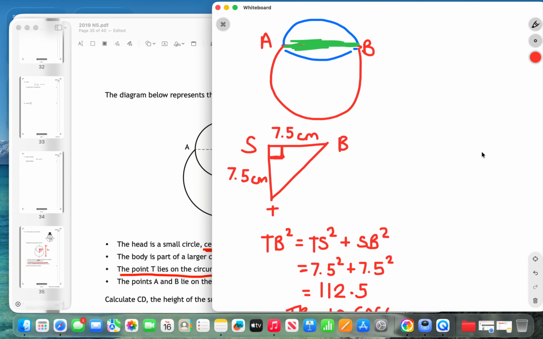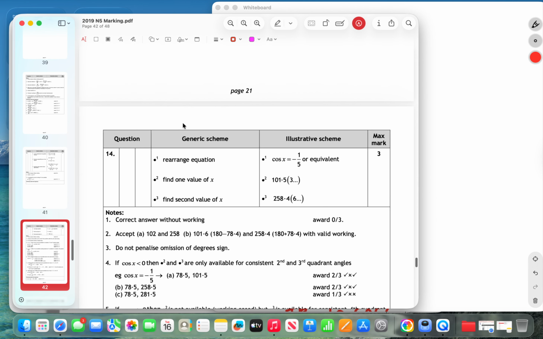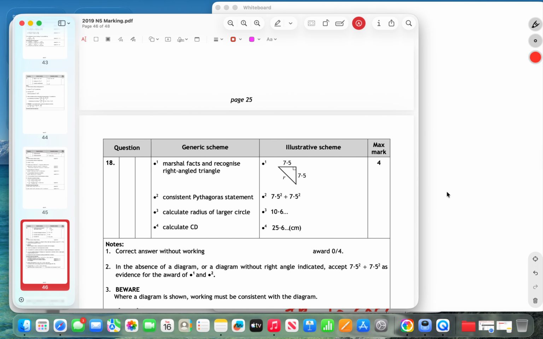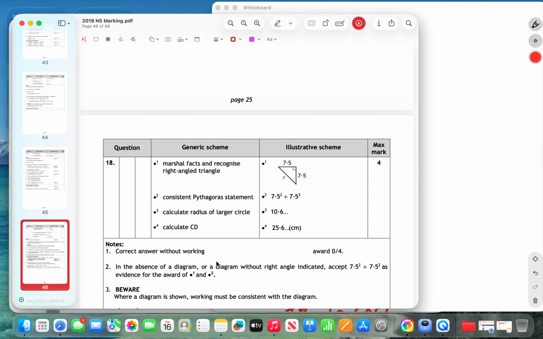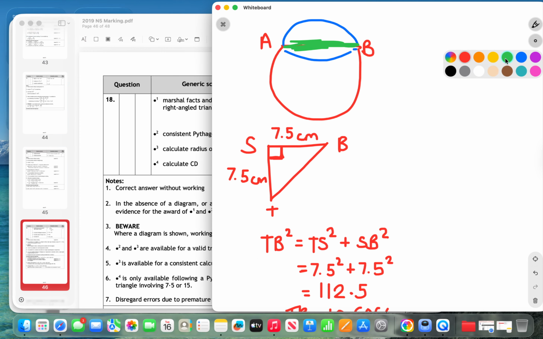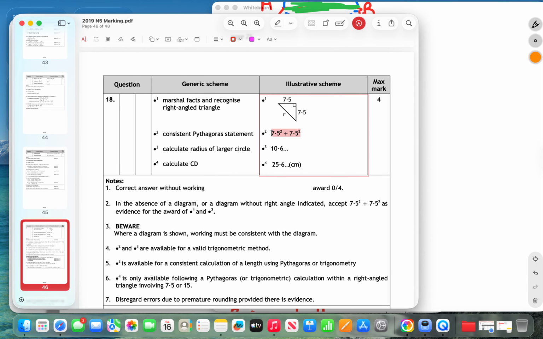The hardest part was knowing that you had to use Pythagoras in this question. A lot of pupils simply didn't know how to start the question. We will have a look at how the SQA marked this. The first mark would be for this.